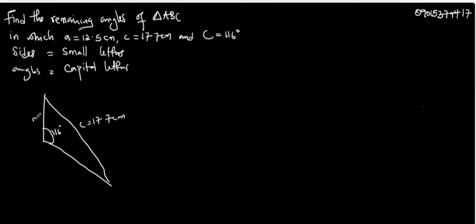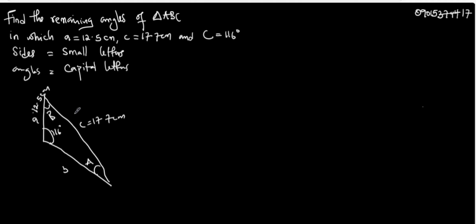If this is side A, the angle opposite side A is angle A, and side A is equal to 12.5 centimeter. So if this is side B, the angle opposite side B is angle B. Sides, small letter, angles, capital letter.